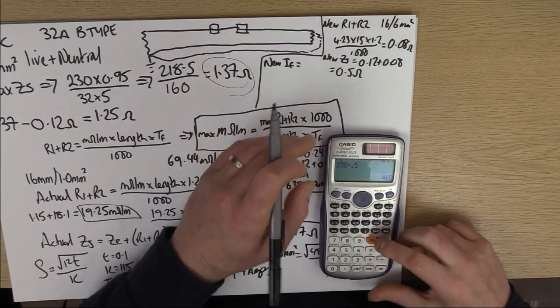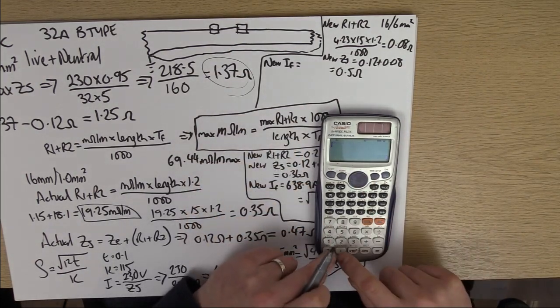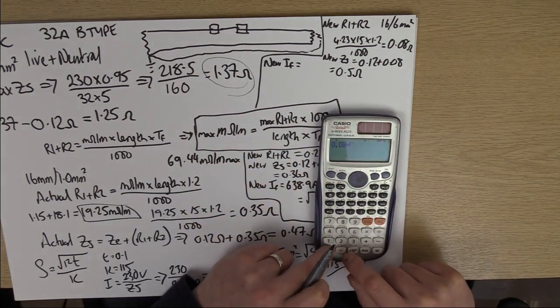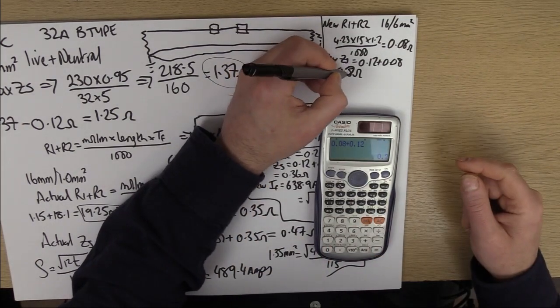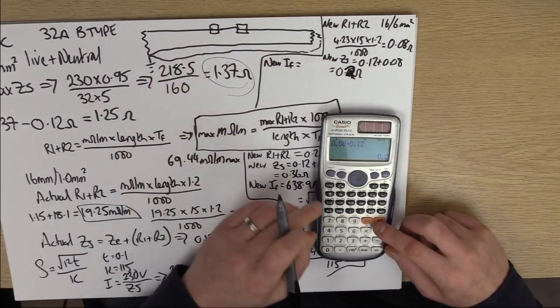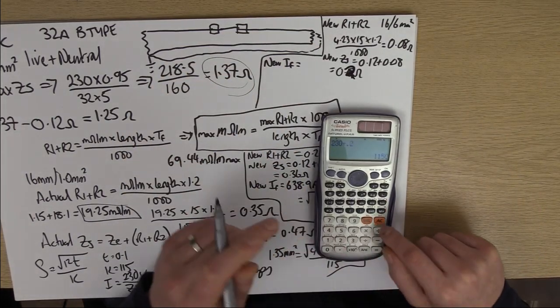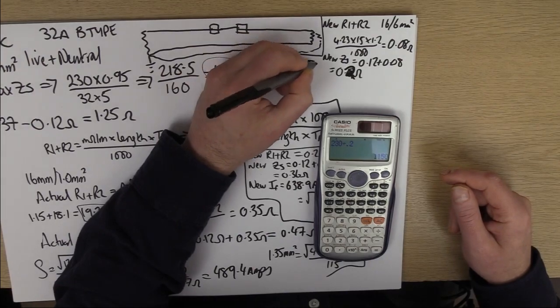Is that right? That can't be right. 0.08 plus 0.12, 0.2. So 230 divided by 0.2. There we go. That looks a bit better.